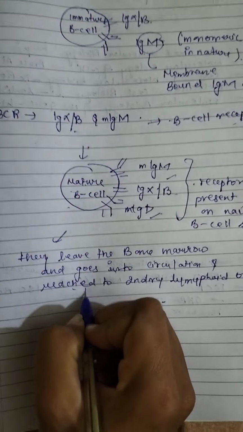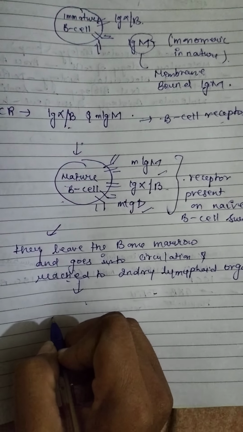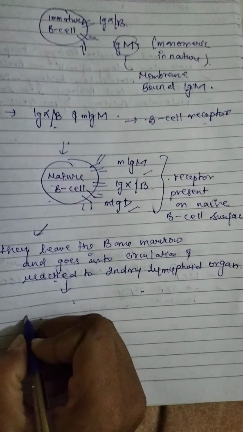After reaching the secondary lymphoid organ, they interact with antigen and become activated. After encountering antigen, it becomes an activated B cell.